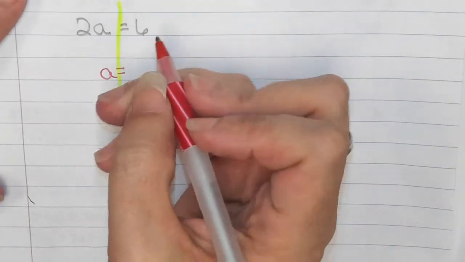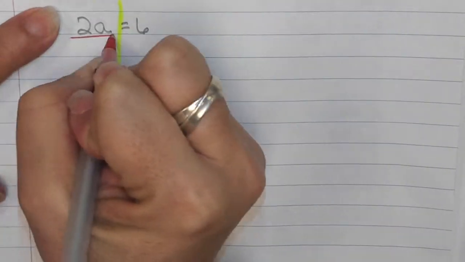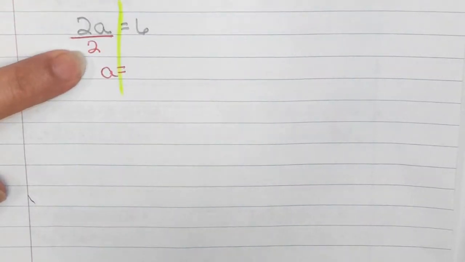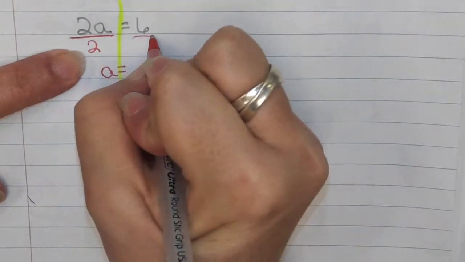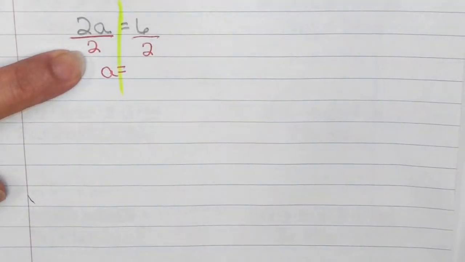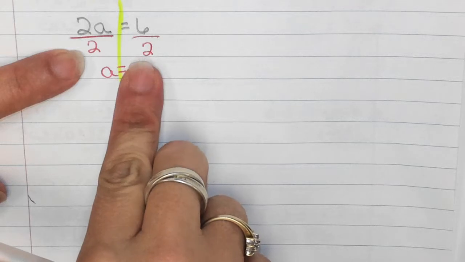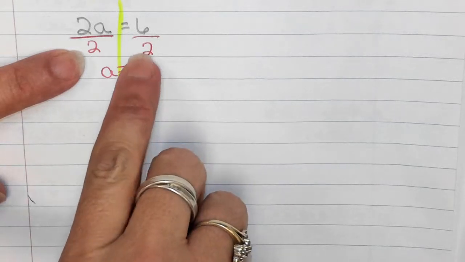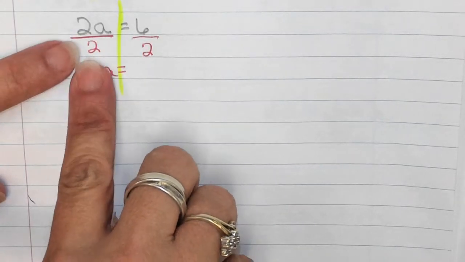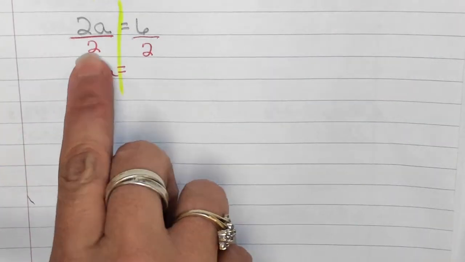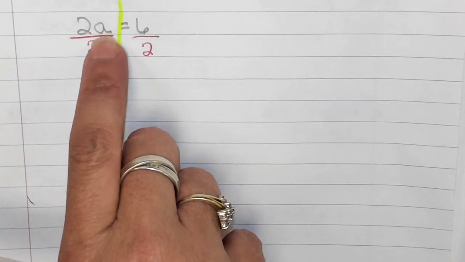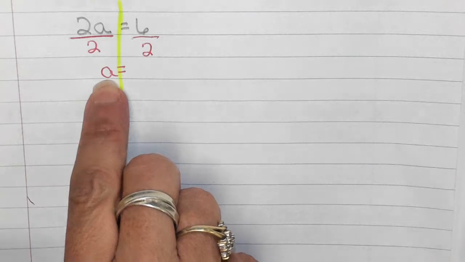Now, to show division, we put a fraction bar line. That is how we show divided by 2. When we go to this side, we divide by 2. Because what you do to one side, you got to do to the other. Now, I need you to think. 2 divided by 2 is 1. And 1 times any letter is that letter.